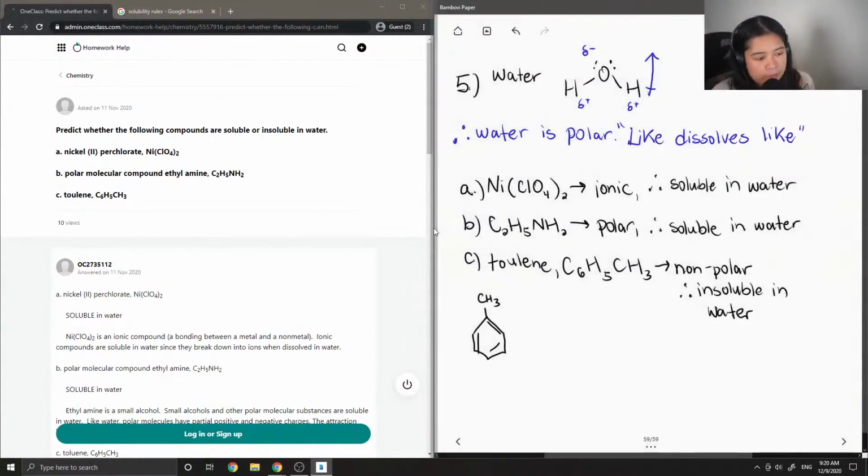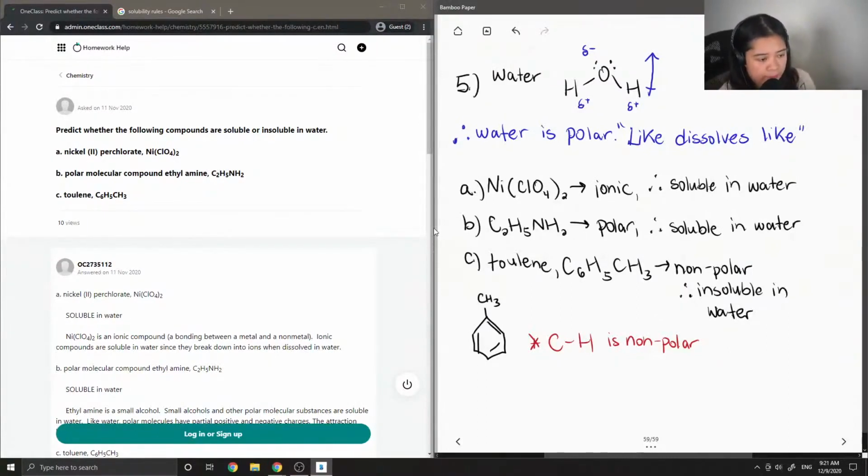So the reason why the carbon-hydrogen bonds are nonpolar is because they are similar in electronegativity. So the difference between them is insignificant enough to have a non-zero dipole moment.